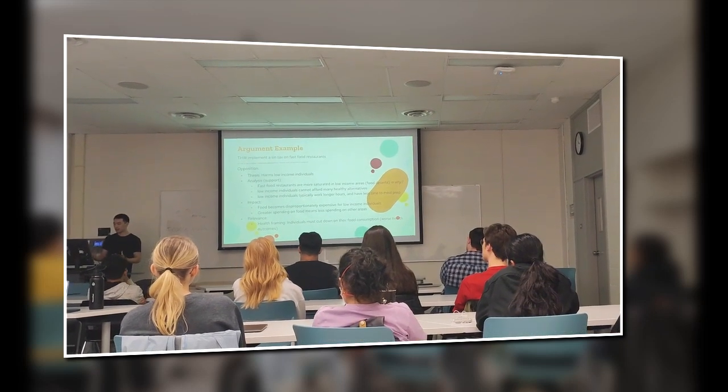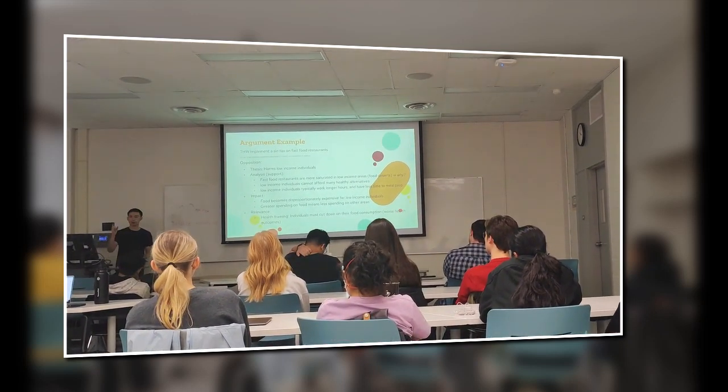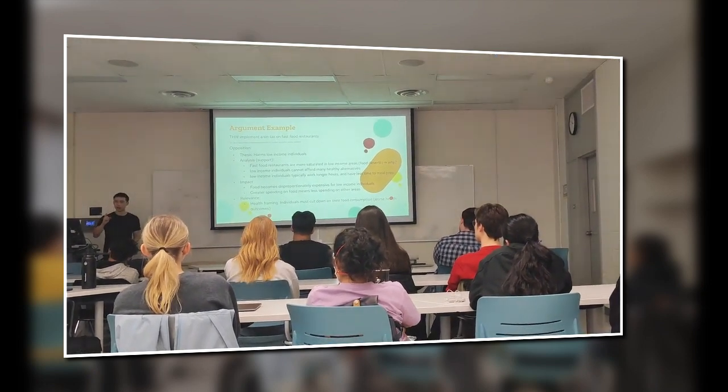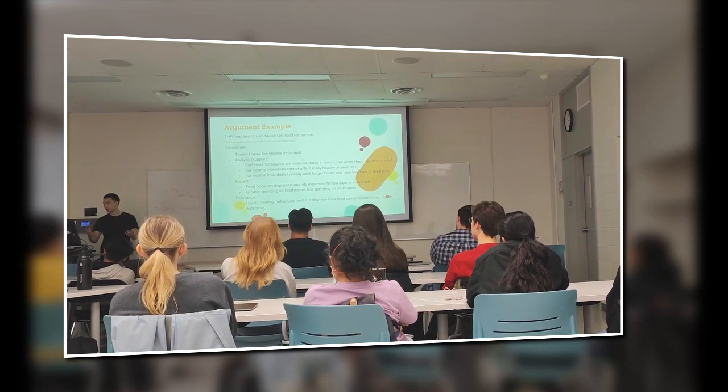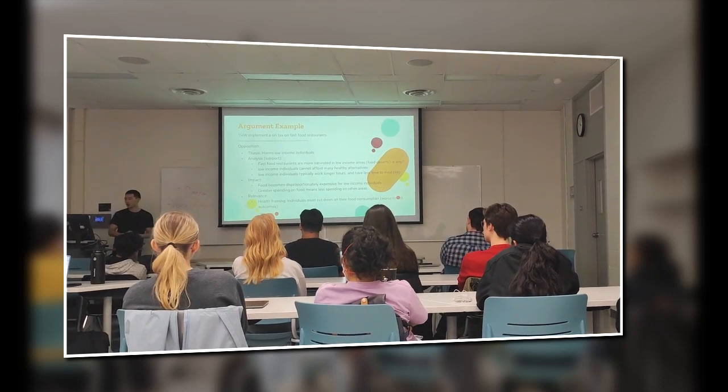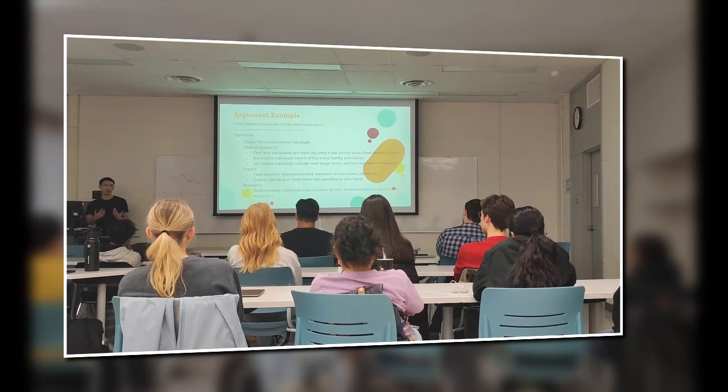So all of these bullet points that you see are all premises that you want to characterize in terms of what the status quo looks like and why these certain things are true. But you don't say these things just for the sake of them being true.